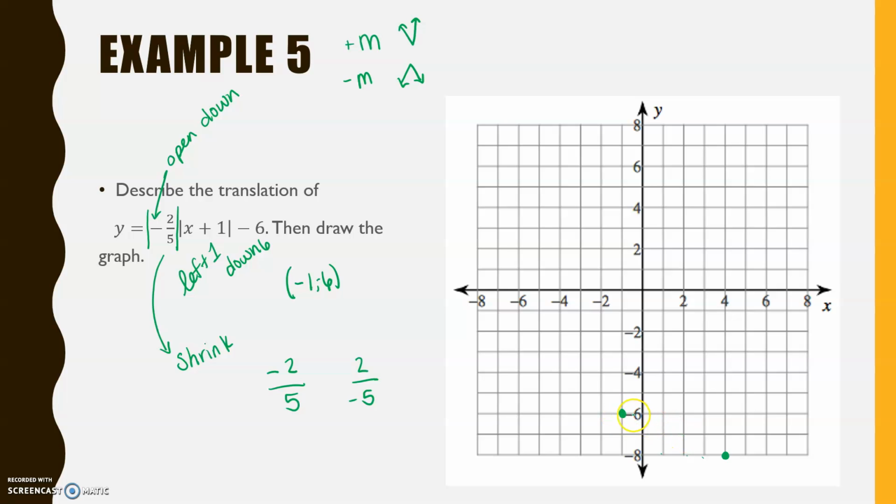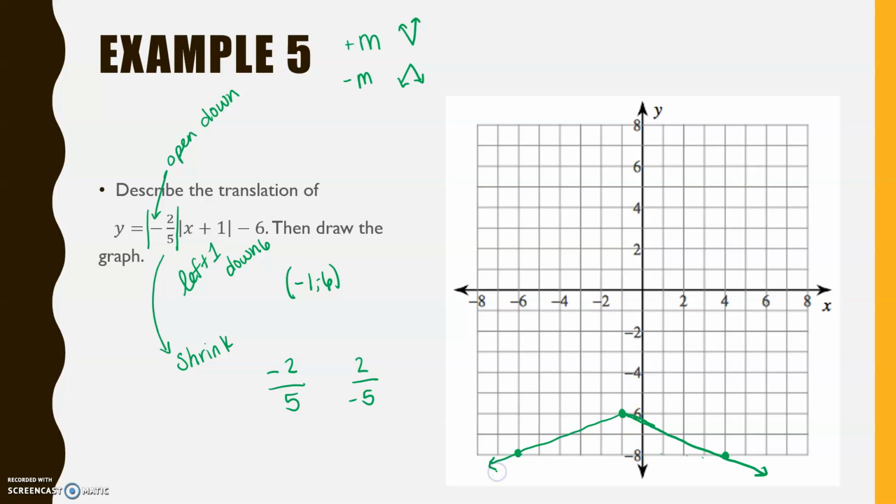However, that's for the starting one to the right. That's my negative slope. But to get the other side, I do the opposite, and I do a slope of +2/5. Now, positive does not mean that I go up. It doesn't only mean I go up. It could mean that I go down here. So 2, and then 5. 1, 2, 3, 4, 5.